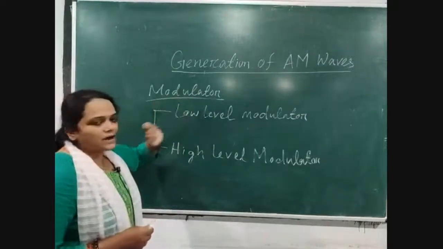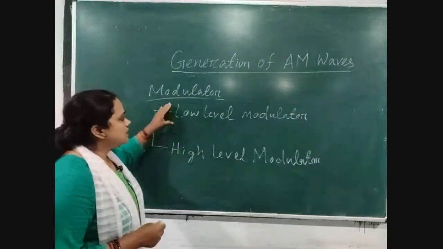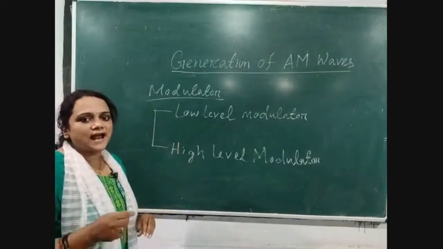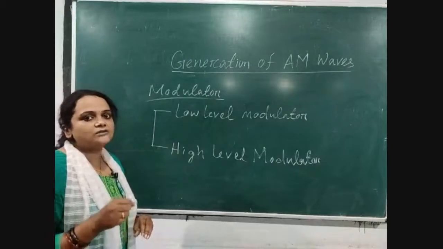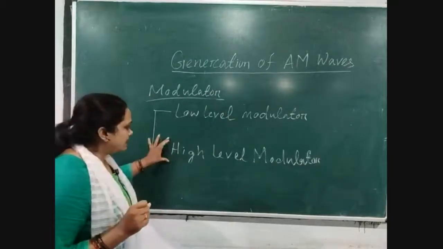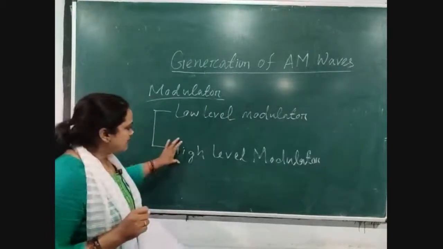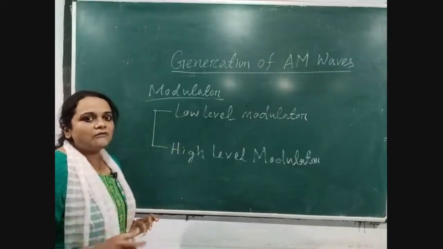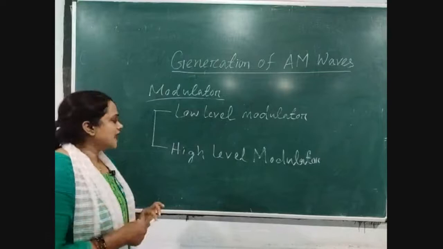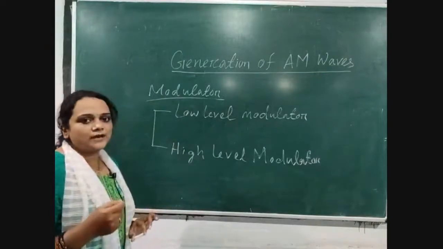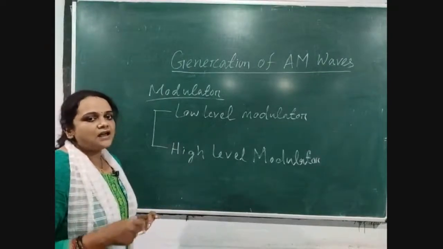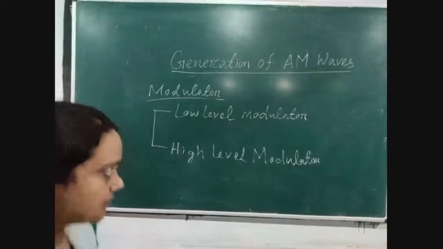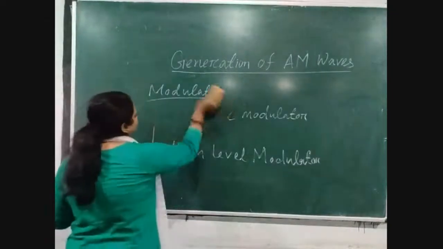Because of the low power level, the power associated with the carrier signal and modulating signal is also low. As the name is high level modulator, the power associated with the carrier signal and modulating signal is high. Next we draw the block diagram of a low level modulator.